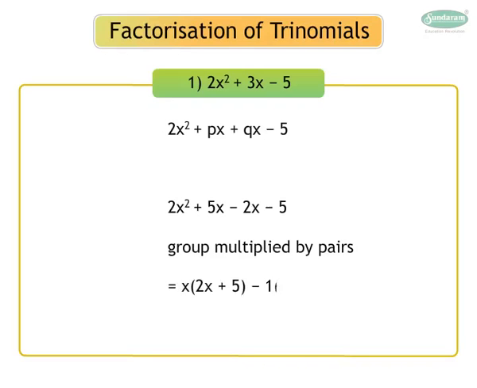In the group 2x² + 5x, x is a common factor, and in the group -2x - 5, -1 is a common factor. Now, 2x + 5 is the common factor, hence we write it separately in the bracket. So the factors are (2x + 5)(x - 1).